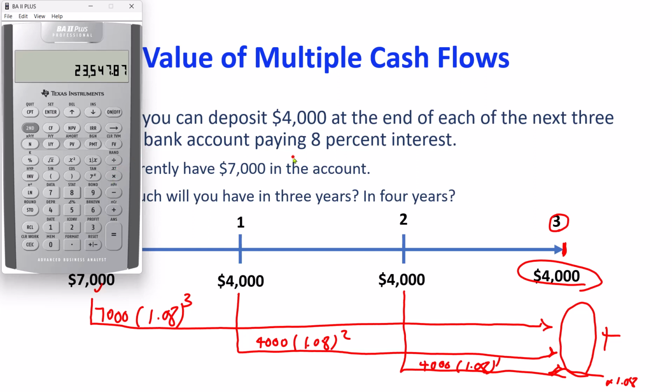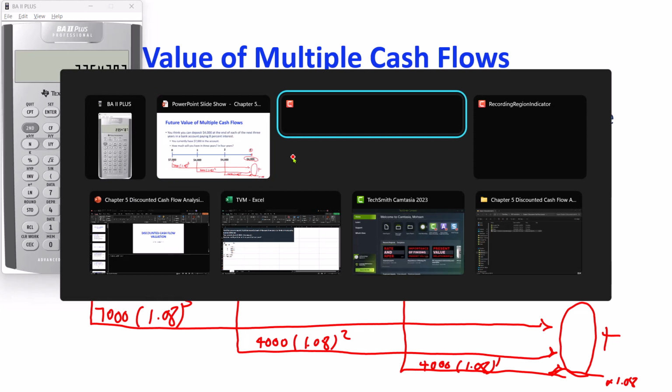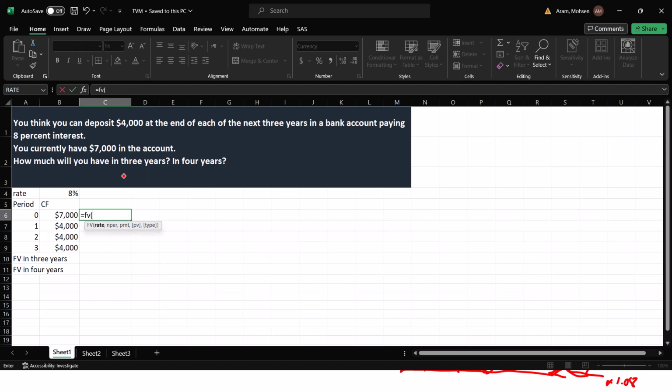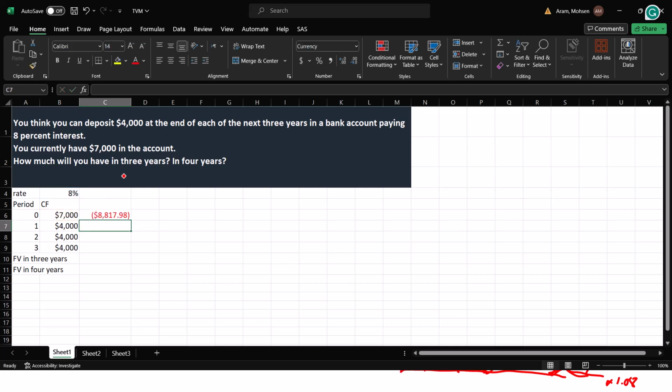Now we can do this in Excel as well. So these are the cash flows that you have. All you need to do is just find the future value for each of them. So your rate is 8%. Your number of periods, you compound this for 3 years. No payment. And the present value is going to be 7,000. You do the same thing for the next one. Rate is 8%.